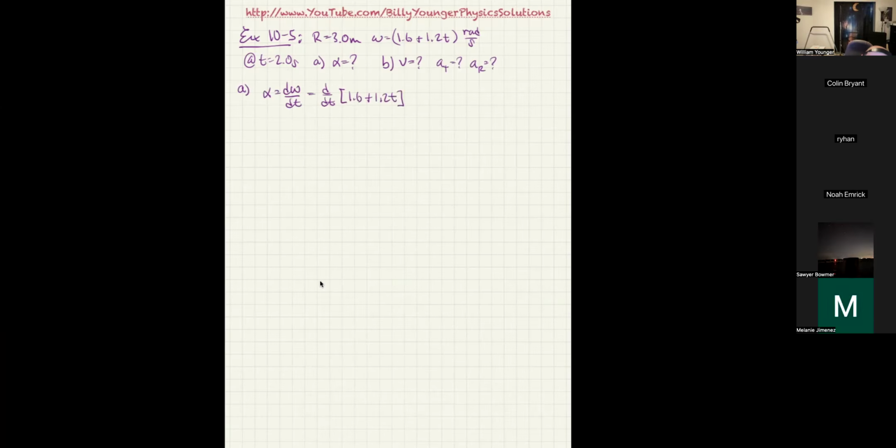Noticing the units come out in radians per second, when I take the derivative of all this, I'm just going to get 1.2 radians per. Now, you have to figure out what the units of the 1.2 and the 1.6 are. You know that after you multiply 1.2 times t, you should have units of radians per second, and you know that t is in units of seconds. So can you guess what the units of 1.2 are?